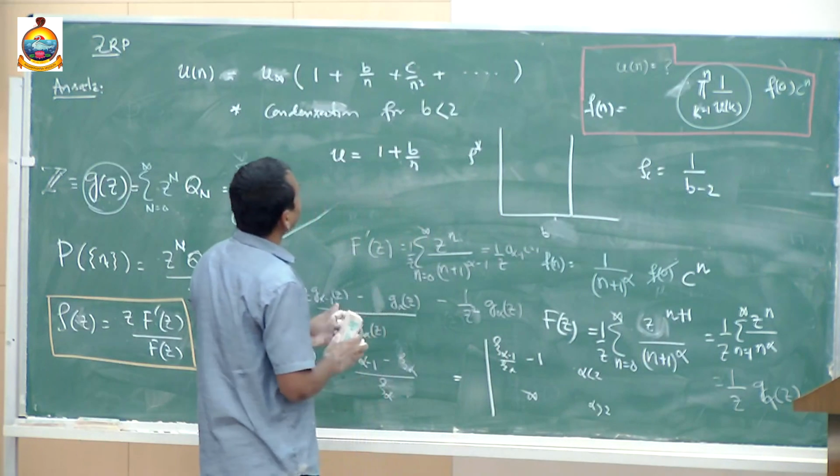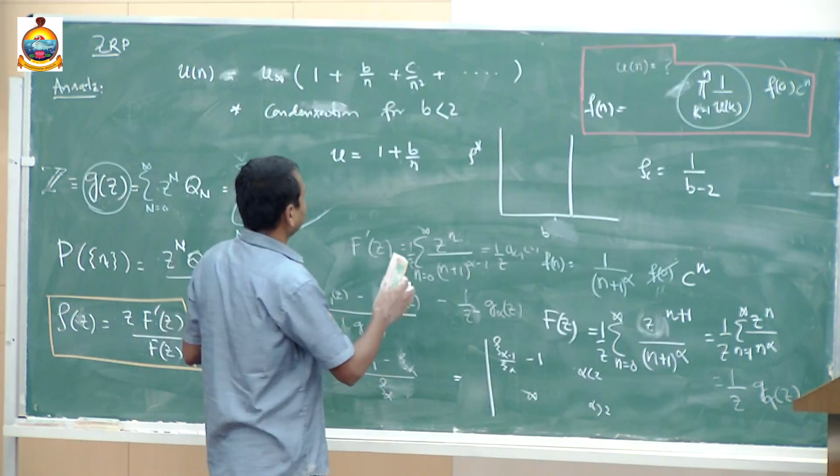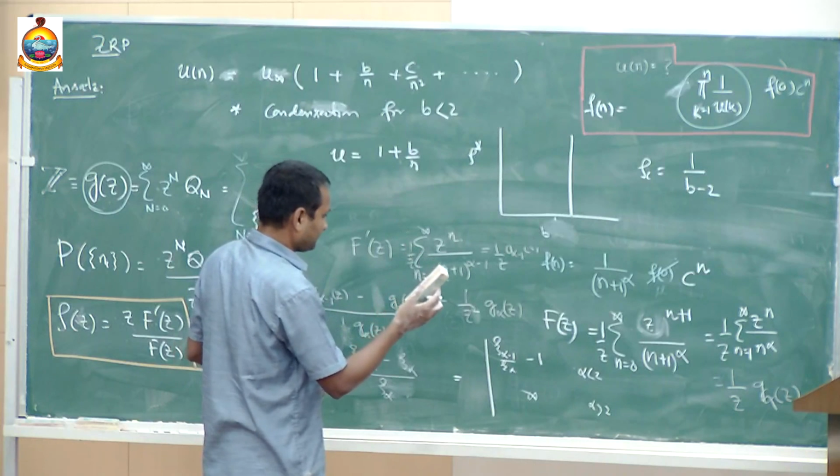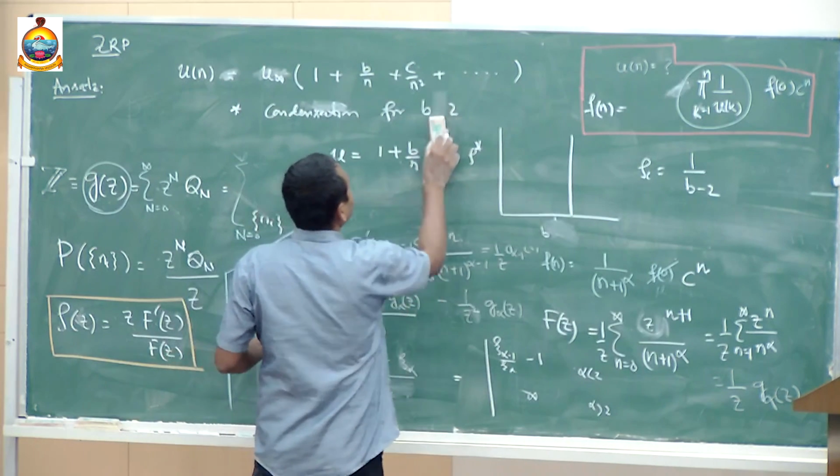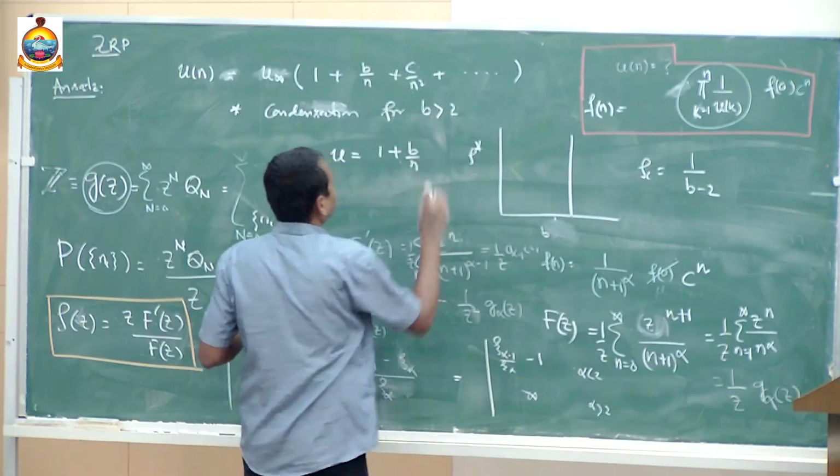Condensation will be possible if b is larger than 2. Yeah, b greater than 2.